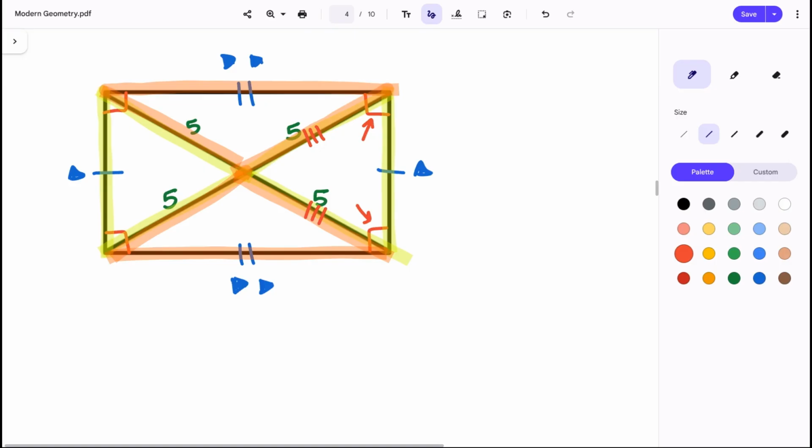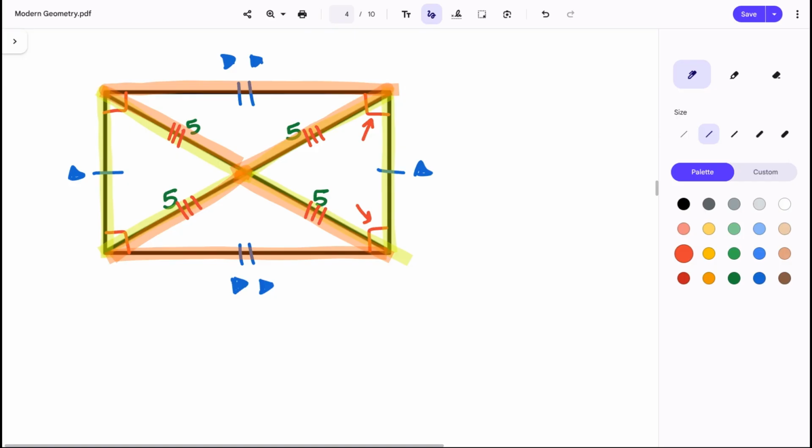There are actually multiple isosceles triangles, because the top and the bottom triangles would do the exact same thing too. It doesn't mean that all those corner angles would be the same, because the orange triangles have a bottom side that is longer than the yellows. So those angles are going to differ a little bit in those corners, but you should start to see those relationships, and that might help you solve for things on your homework.